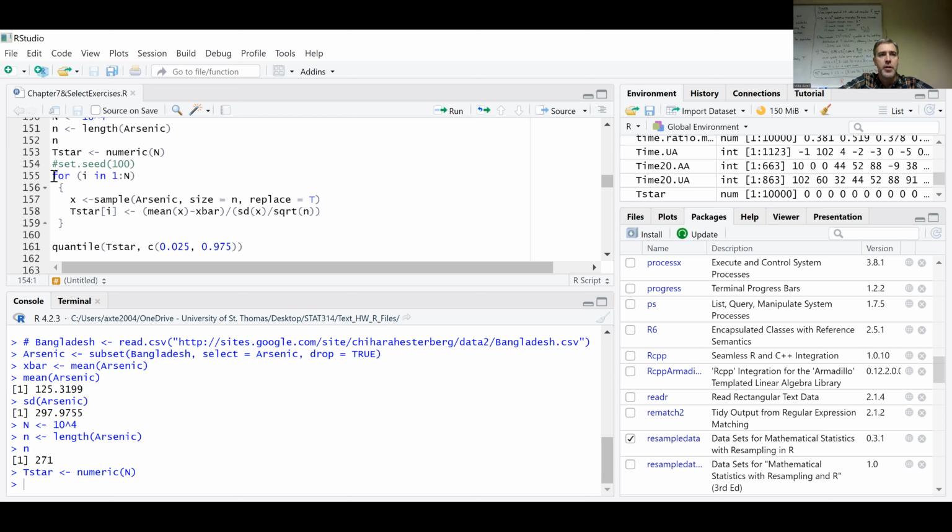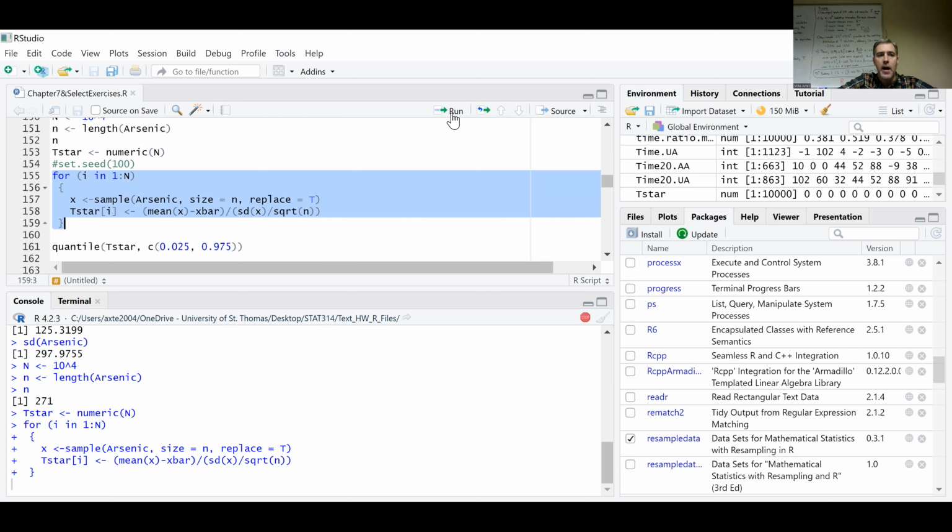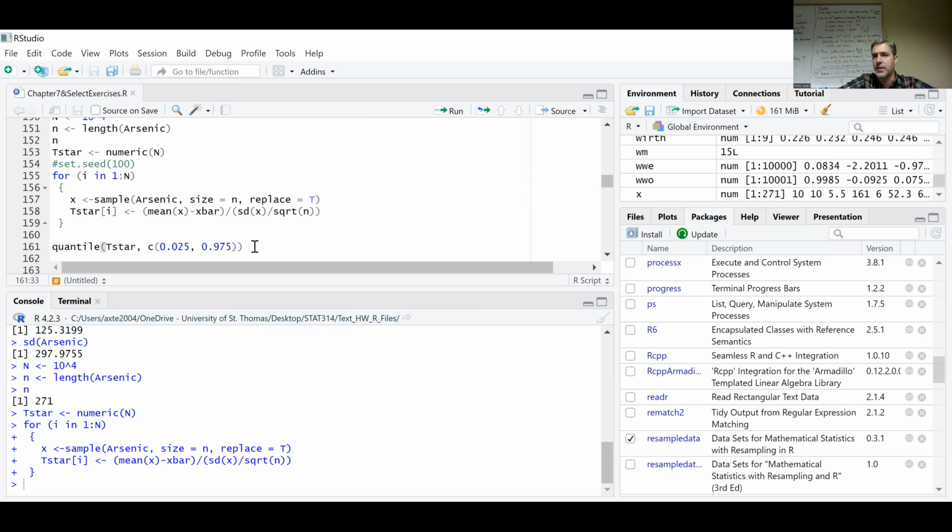So I'm going to evaluate that bootstrap simulation, and that's going to record 10 to the fourth values of that bootstrap T statistic. We got it. And then I'm going to ask for the quantile of that T star vector containing the 10 to the 4th values of the bootstrap T statistic.